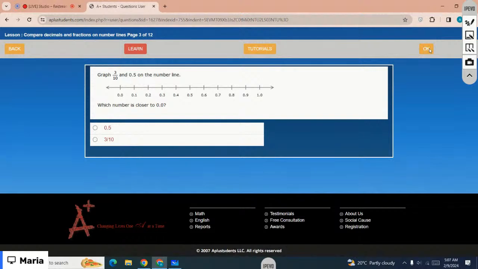Which is the correct option? 0.3 or 3 over 10 is closer to 0, right? Here is 0. When you plot them on the graph, here is 0.3 and here is 0.5. So 3 by 10 is closer to 0.